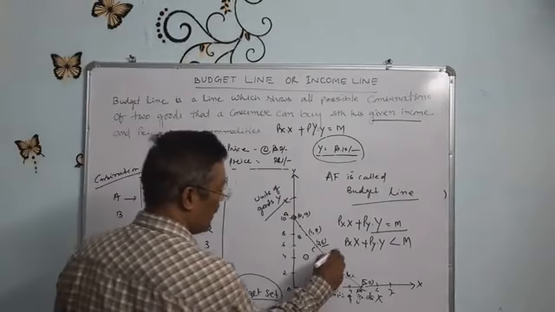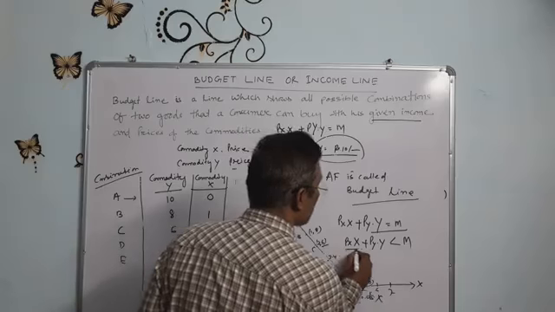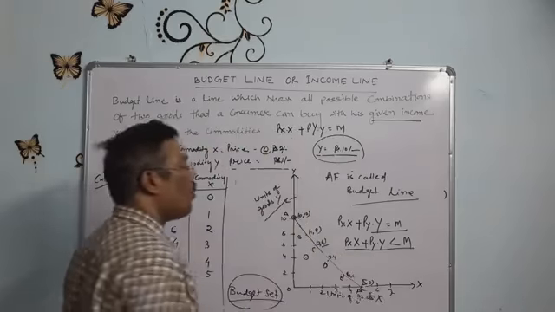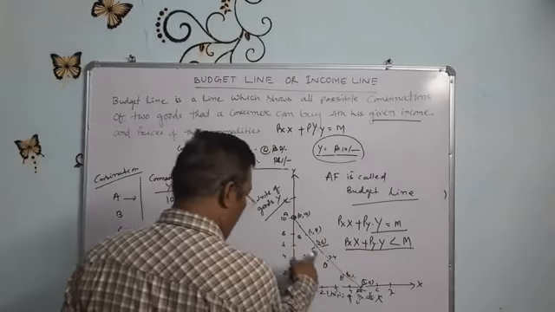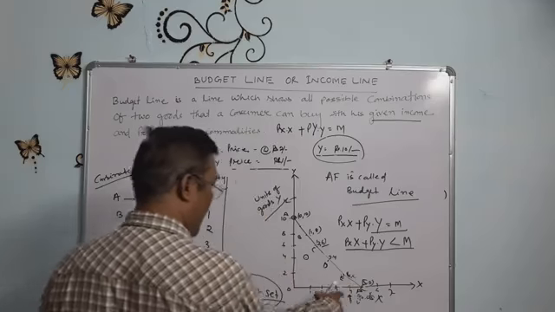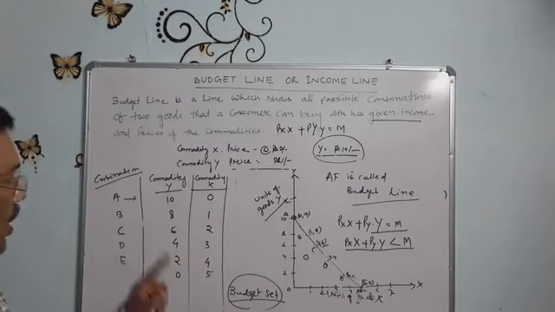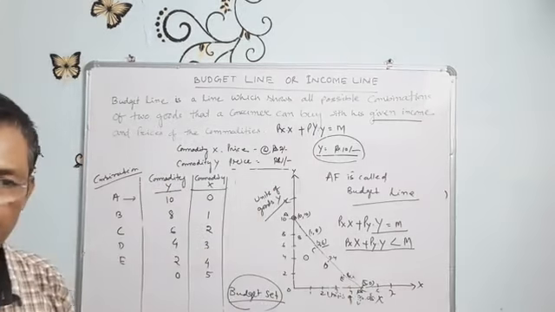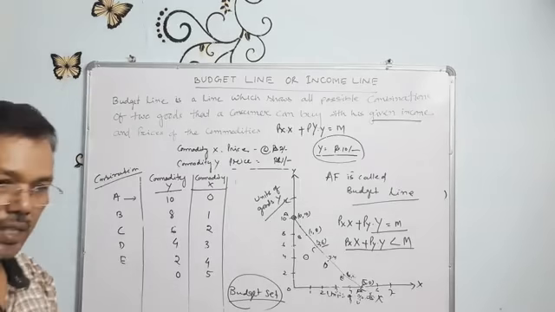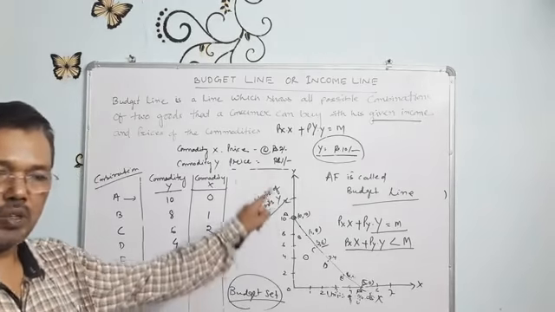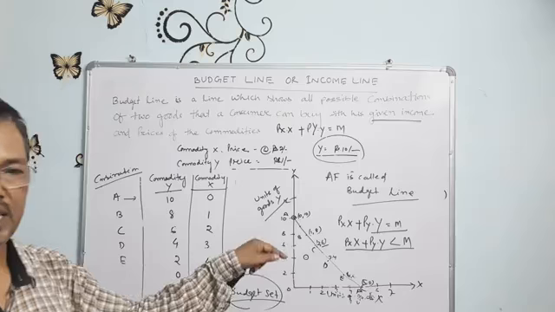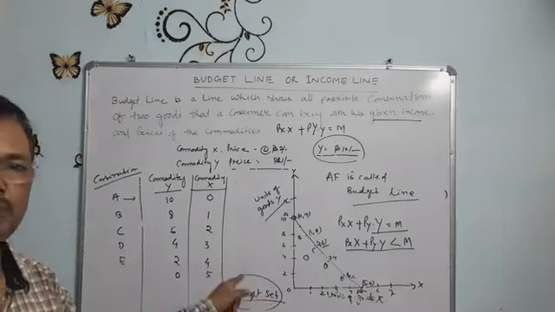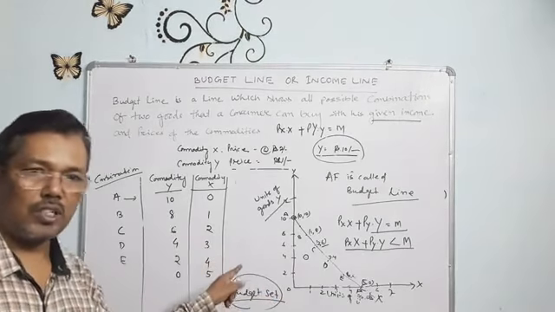If he chooses any point on the line, then Px into X plus Py into Y equals M. So the person who has an income of rupees 10 will either spend the full rupees 10 or less than rupees 10. That is also called the budget set.